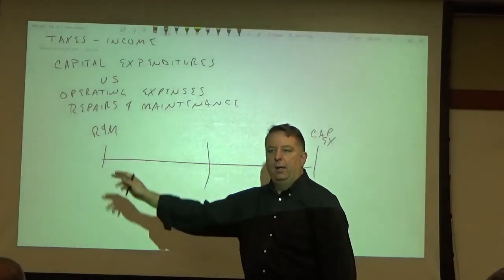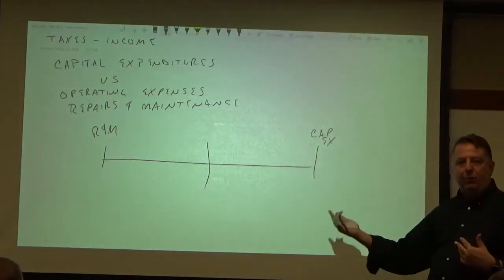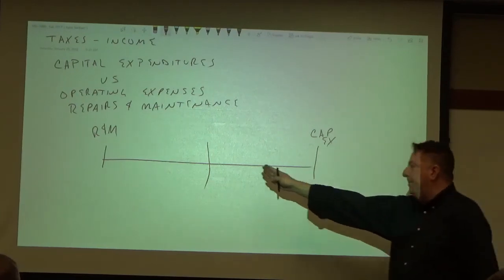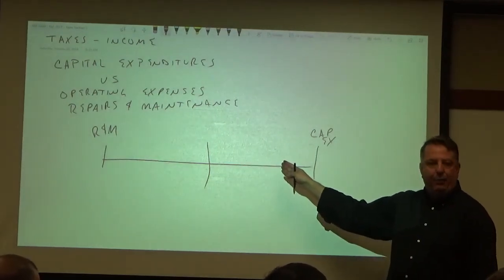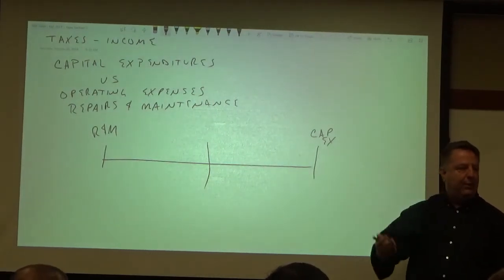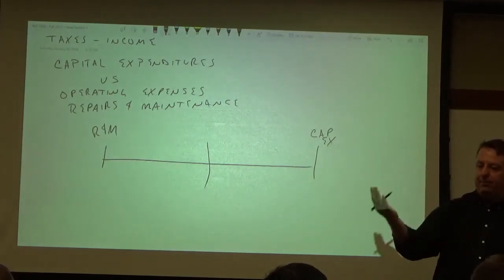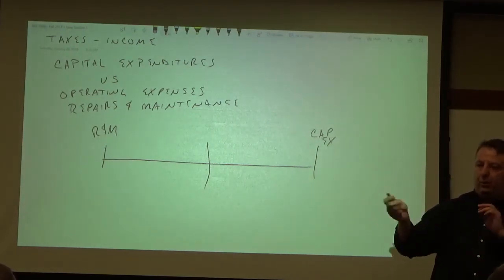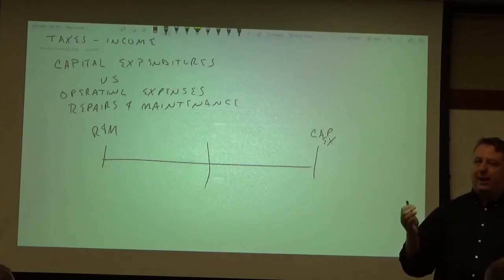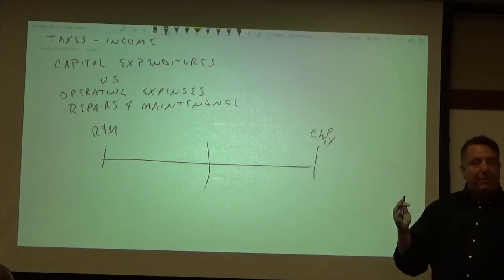Everything's good. But you could also end up in a situation where you clearly overstepped the boundary, you get audited, and all of a sudden penalties and other things get imposed. So it's a bit of a gray area.